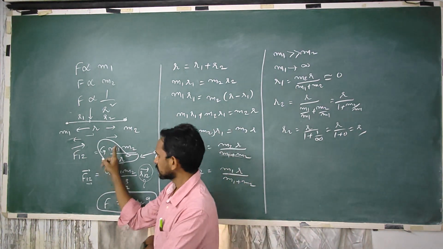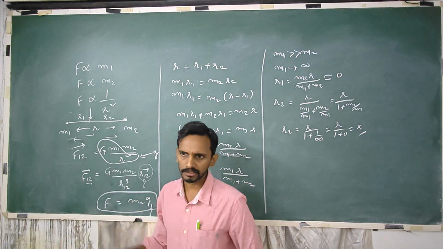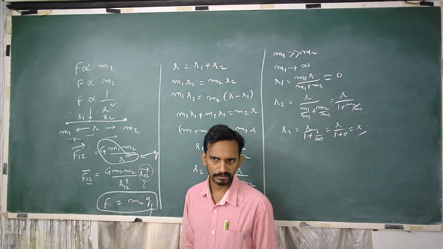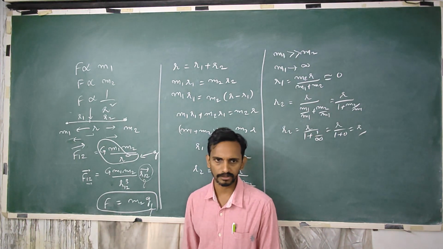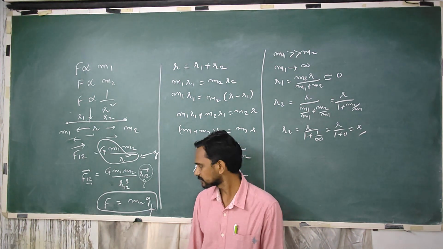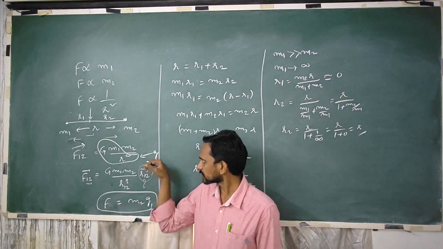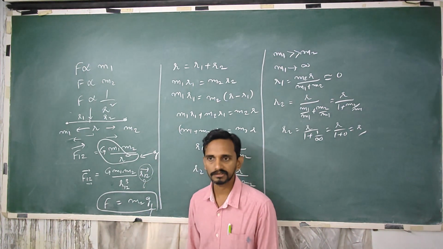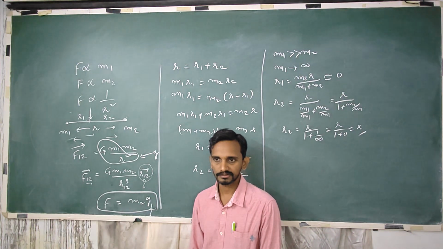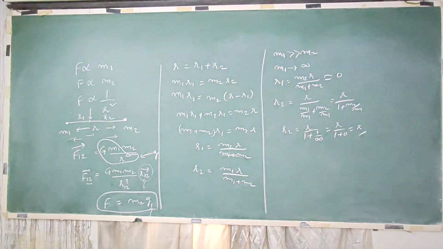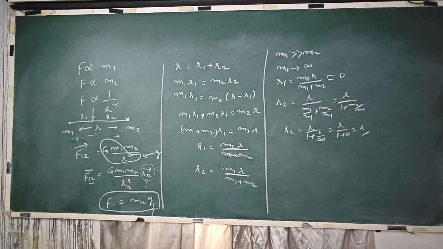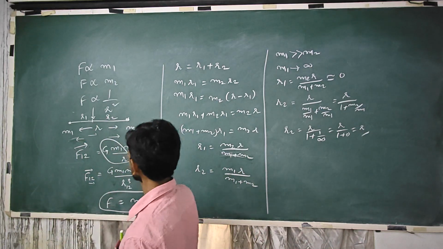G is a constant, m1 is a constant, r depends on the other object, right? How far is it located? Then how can we define it as G? So this we'll see in the next session.